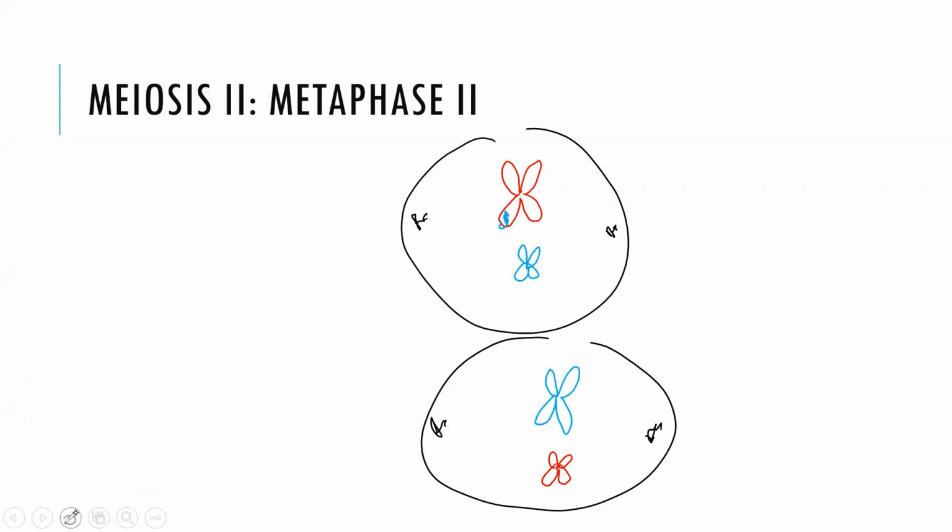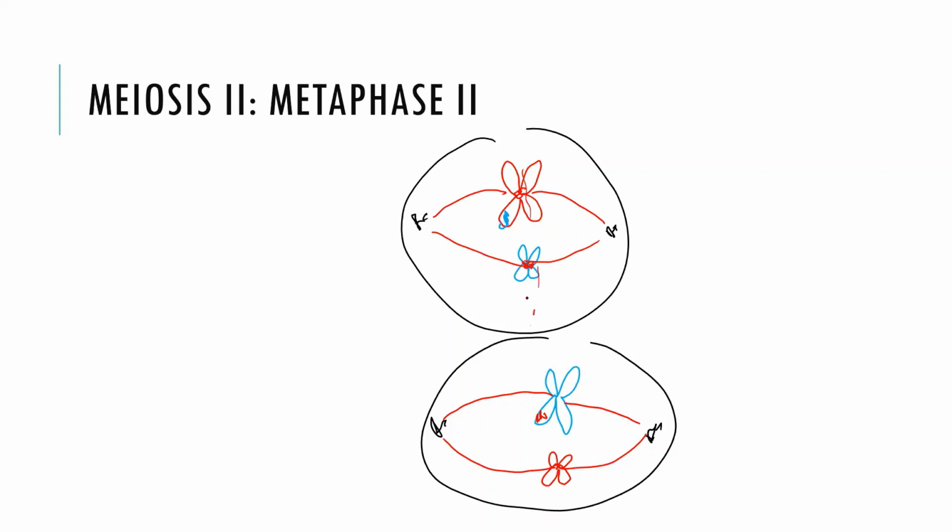They do not exchange genetic material here. And then you have the spindle fibers attaching to either side of the centromeres. So this is similar to metaphase of mitosis.